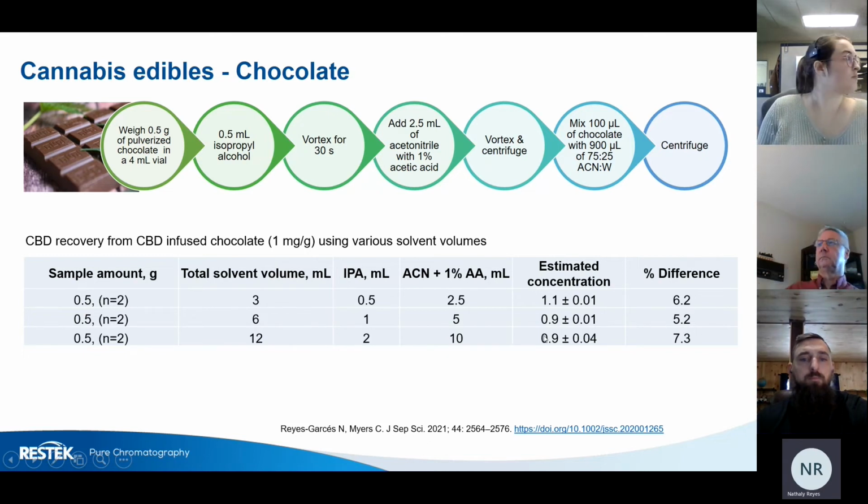And as we can see here, the concentration estimated using CBD infused chocolate was equivalent, and the difference was very close in all the cases, meaning that we can perform satisfactory analysis of these cannabinoids using only 3 milliliters of solvent.